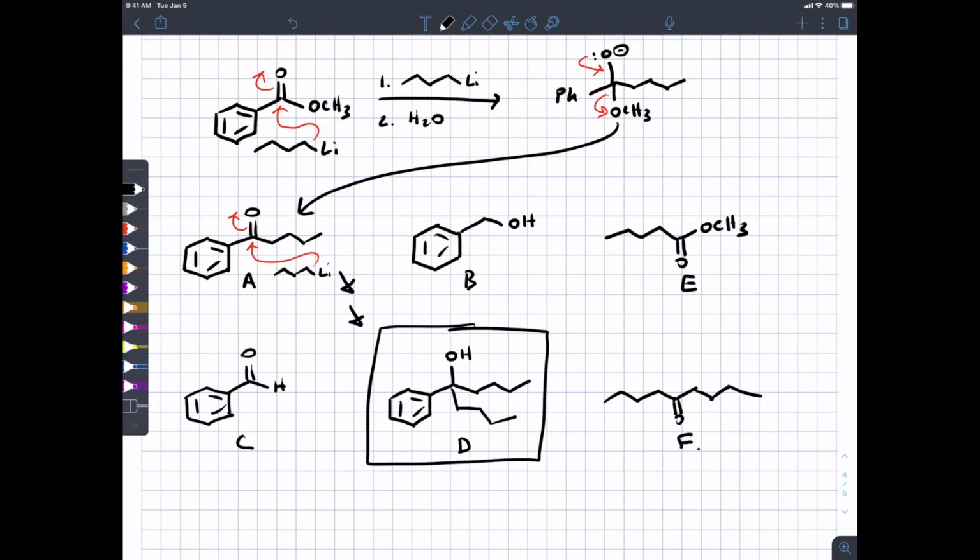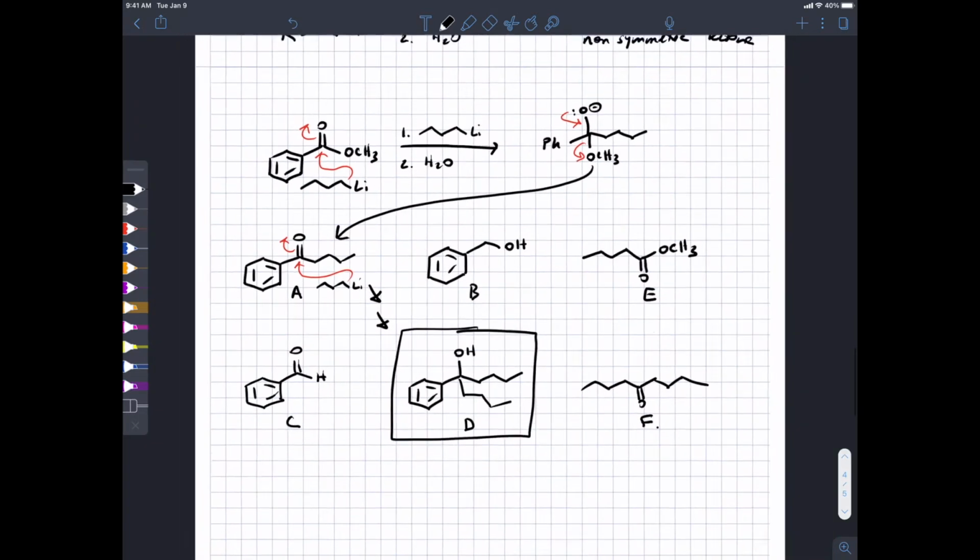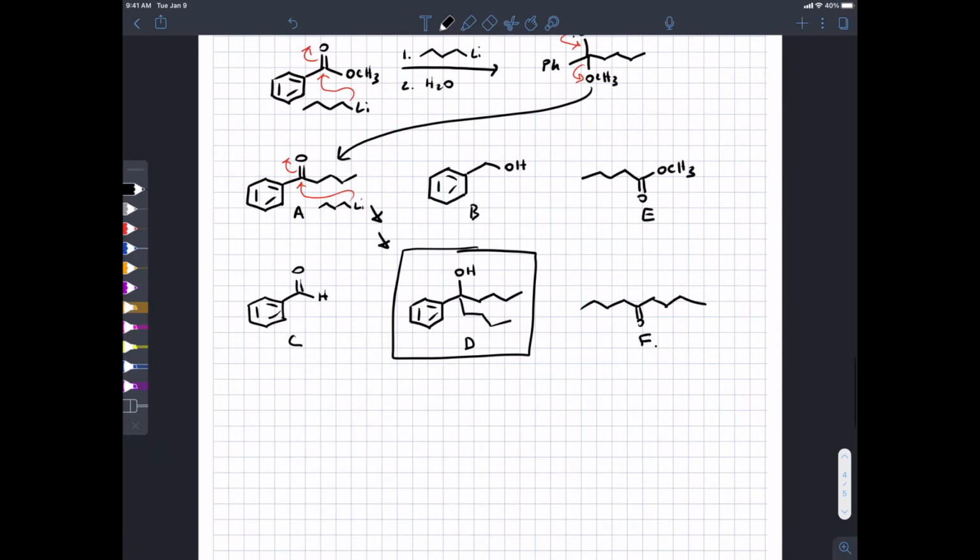So addition of cuprate would stop at the intermediate? Yes, so if you want to change the question and make A the correct answer, if you use the same starting material, what about that? Actually, your text never shows you cuprates reacting with esters, I think because it doesn't work. But I'm not going to push you on that point specifically.